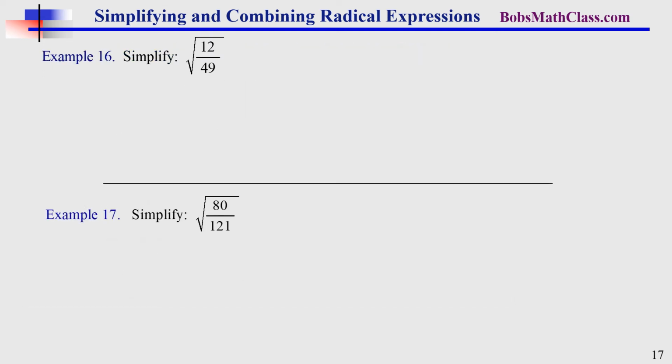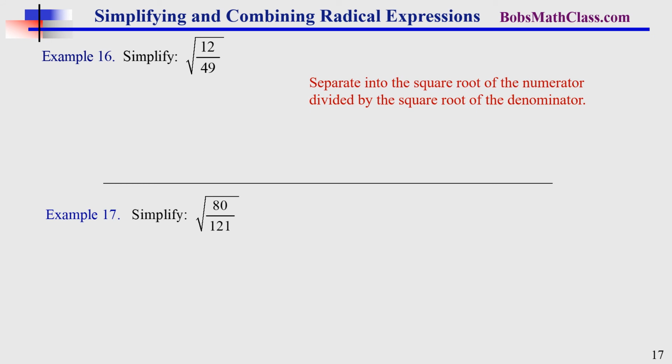Okay, here's a couple of examples. I know it's getting kind of long in the video, but we're getting there. Square root of 12 over 49. So we're going to separate it. Square root of the numerator divided by the square root of the denominator. Square root of 12, you could do either method. 2 times 2 times 3.